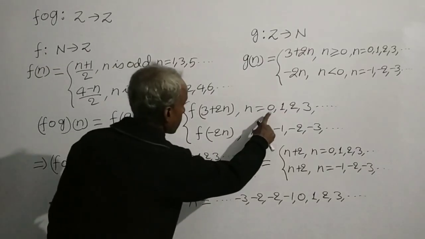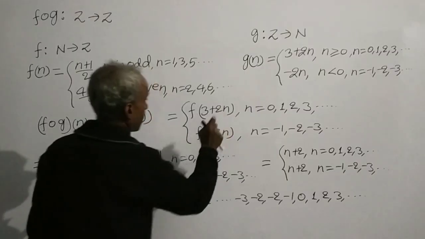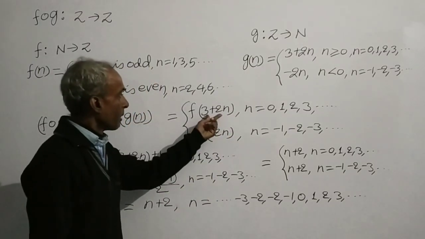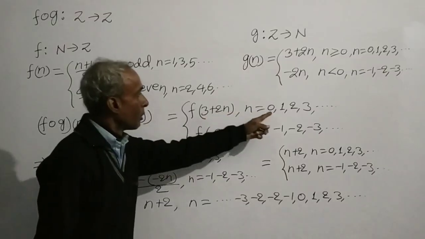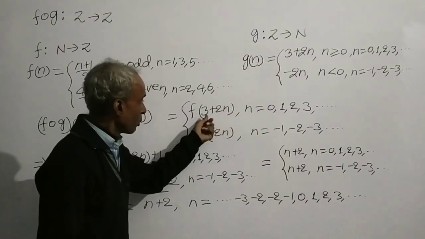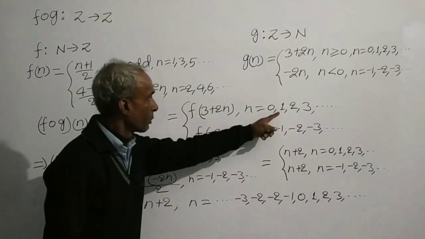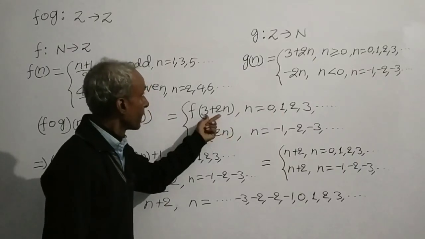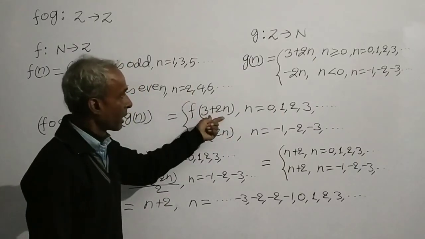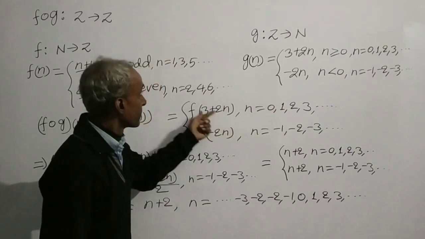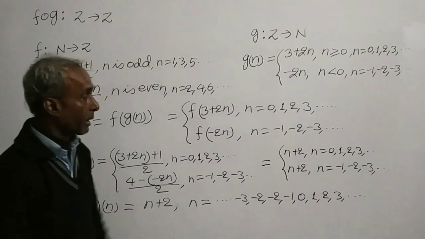When we put these numbers in place of n, then we get some values. When we put 0, we get 3, an odd natural number. When we put 1, we get 5, an odd natural number. When we put 2, we get 7, an odd natural number.